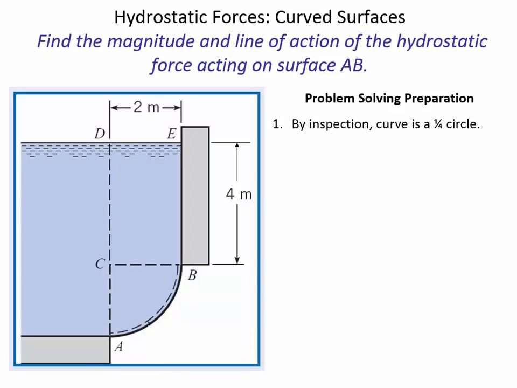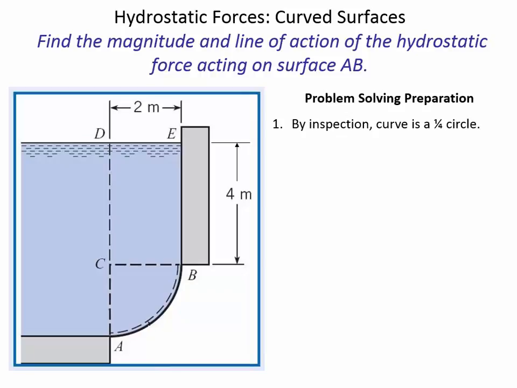So here are some dimensions that we can answer those questions. From the dimensions, you can tell that this has a radius of 2 meters. And so the distance CB is 2 meters, but CA is also 2 meters.